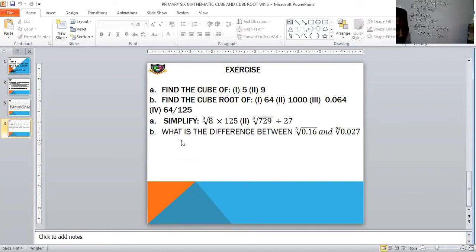The last one says, what is the difference between the cube root of 0.16 and the cube root of 0.027? Let me write that so we can solve it together.